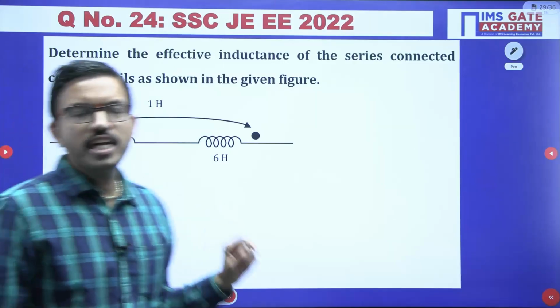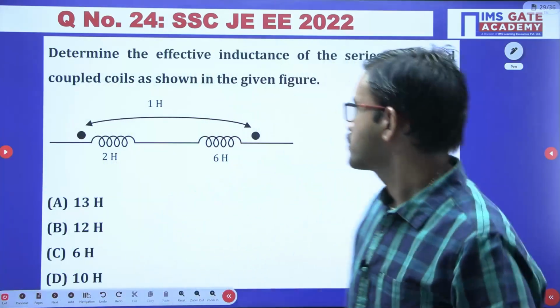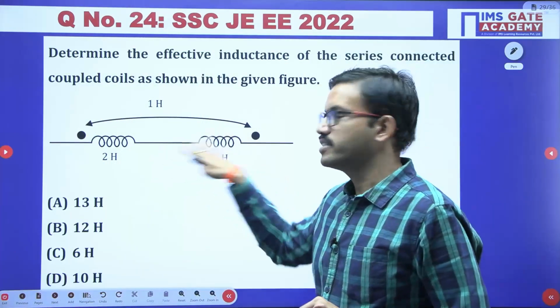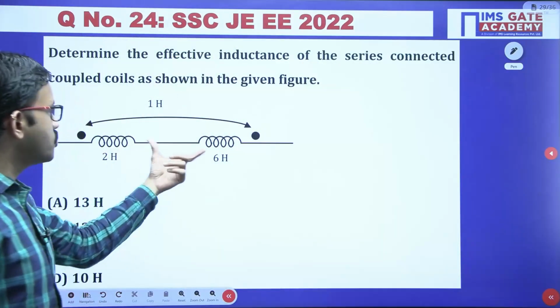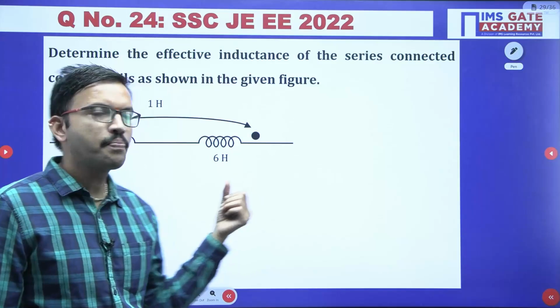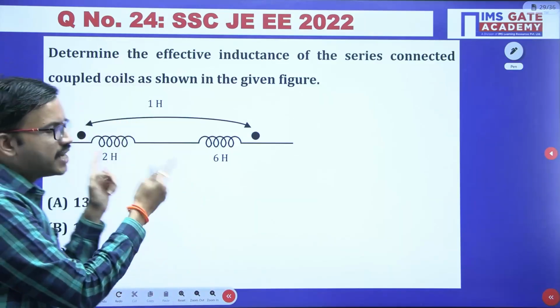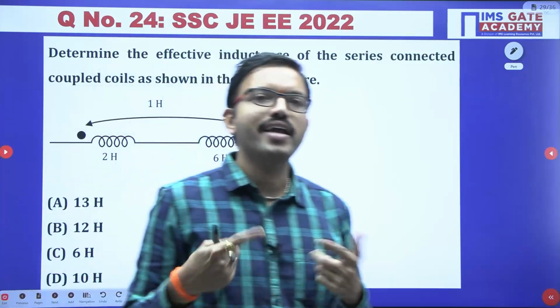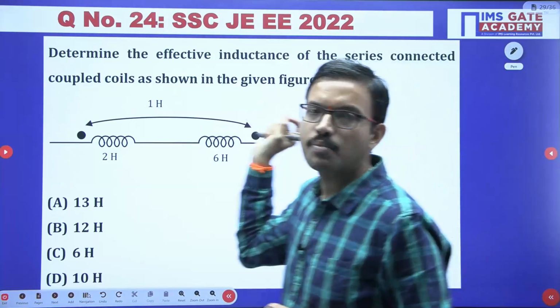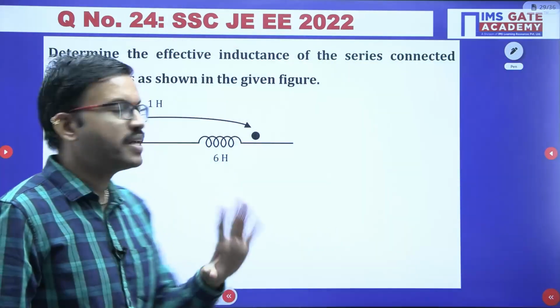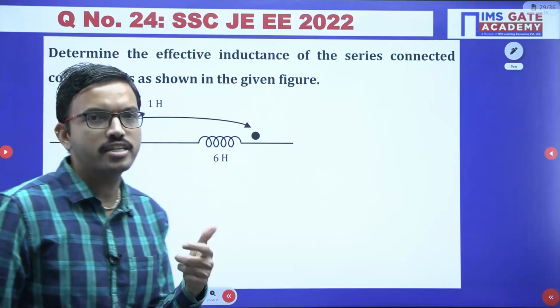Now all of you tell me, after looking at this diagram, how these two inductors are connected. Any guess? Yes, obviously these two inductors are connected in series. Very good. Now with respect to coupling, whether it is opposing or aiding. In the earlier question they directly mentioned whether it is opposing or aiding, but in this question they haven't mentioned, so from the diagram you have to identify.